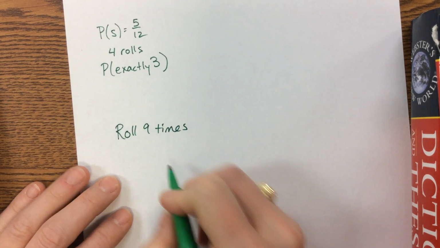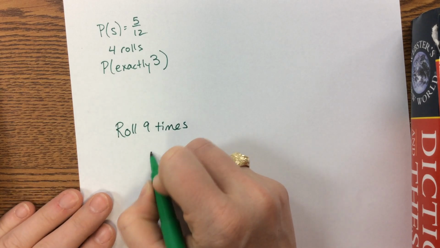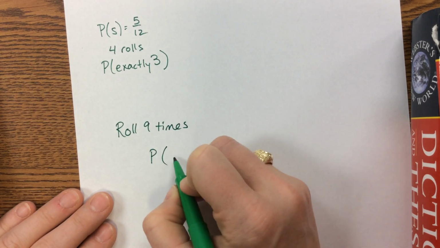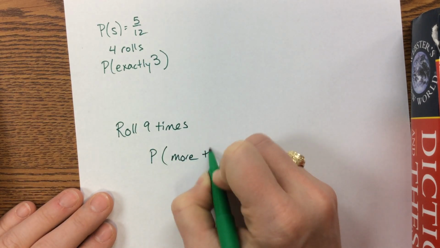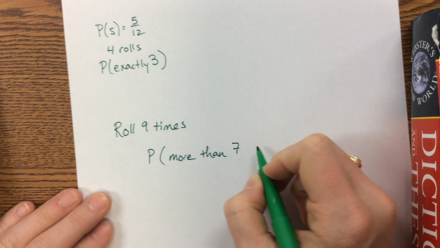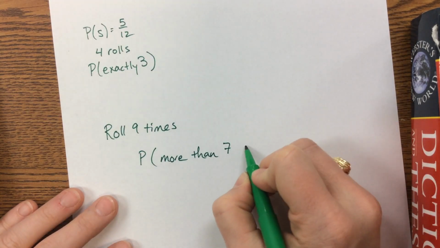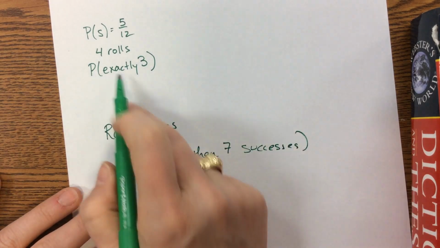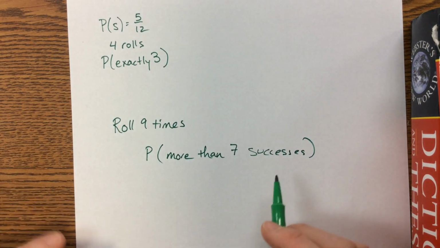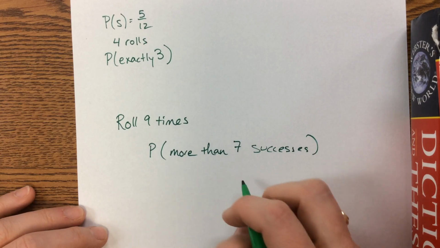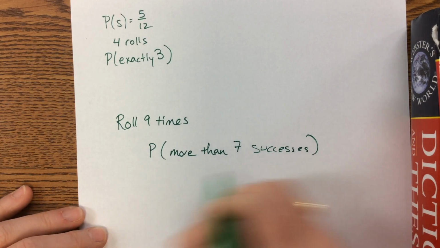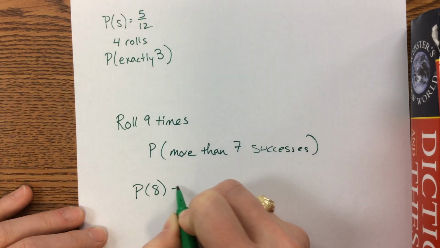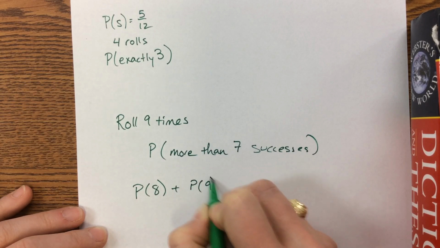Let's say we're going to roll it 9 times, and we want to know the probability of getting more than 7 successes. In our scenario, a success is rolling a score higher than 7. So this would be more than 7. That means it's the probability of getting 8 plus the probability of getting 9.